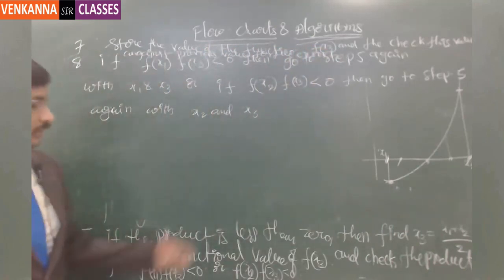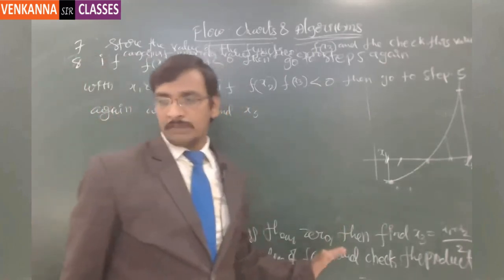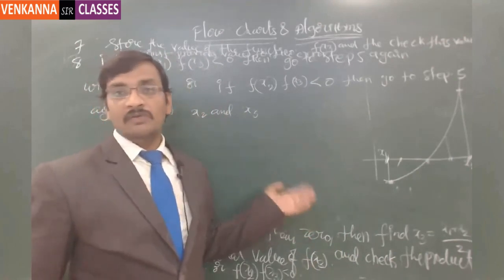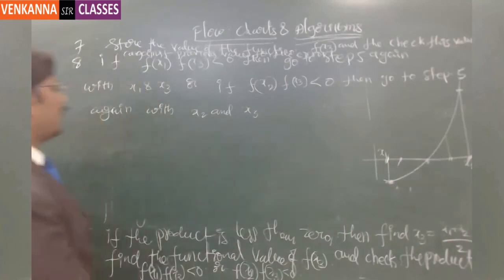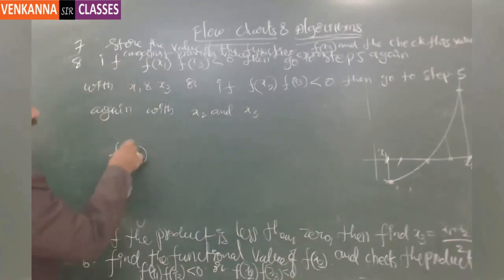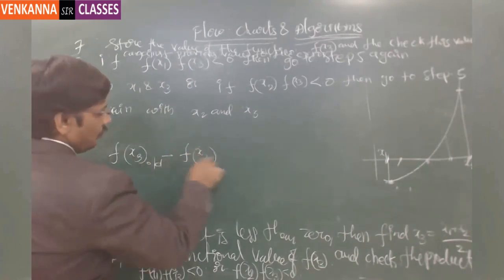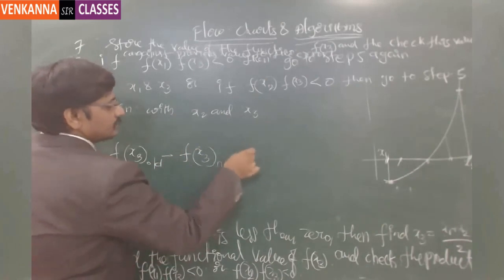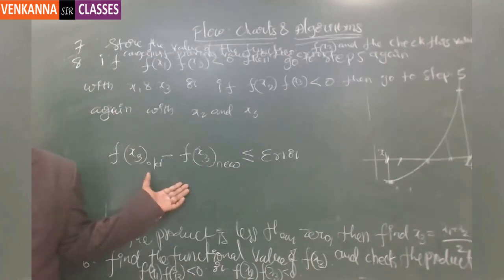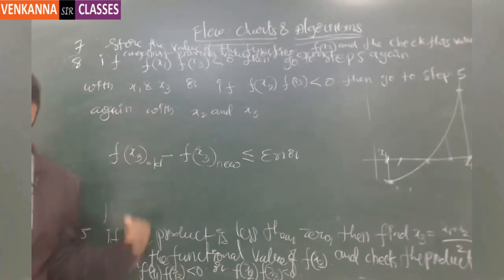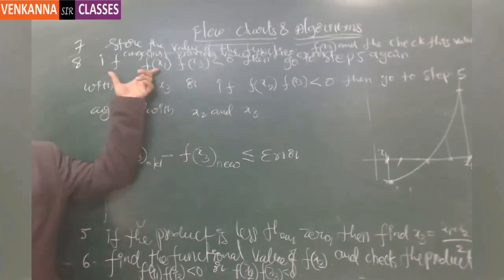So as and when we are calculating this functional value, in the first step we store that number. And then in the next step, when we calculate x3, f of x3 again, we calculate f of x3 old minus f of x3 new is less than or equal to the error. So we check this, and then we will decide whether to go for step 5 or not. Based on this we will go to step 7, 8.